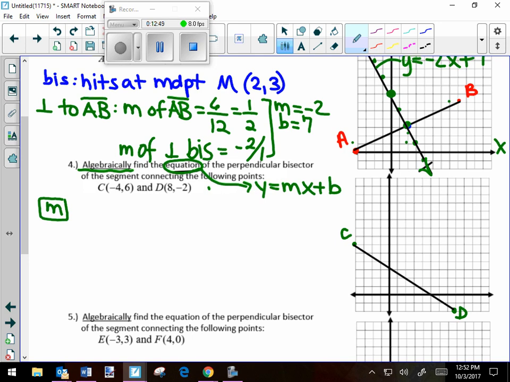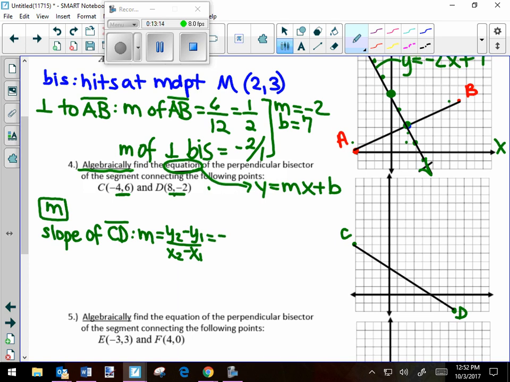The way that I find that is I find the actual slope of CD, and you can use m or you can write the word. And in this case, we're going to do it algebraically. We know slope formula is y2 minus y1 over x2 minus x1. So I'm going to find the slope of CD, and I'm going to use the points that I have here.